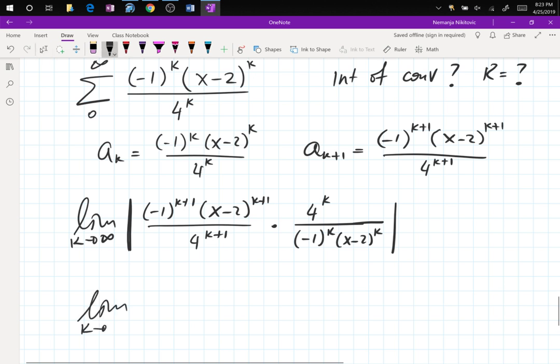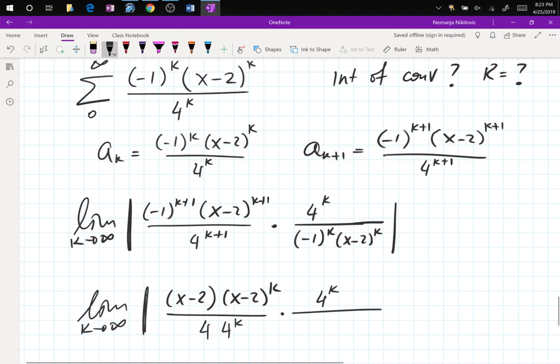Limit as k goes to infinity, absolute value, (x minus 2) to the k. I peel off this plus 1, divided by 4 times 4 to the k. I peel off the plus 1, and 4 to the k on the other side, times (x minus 2) to the k.